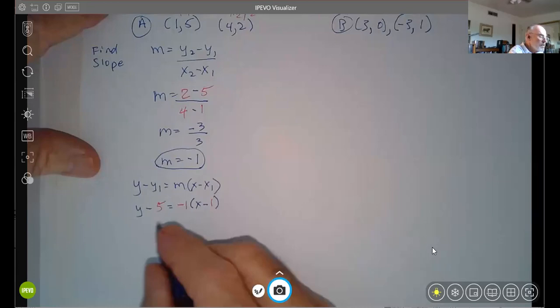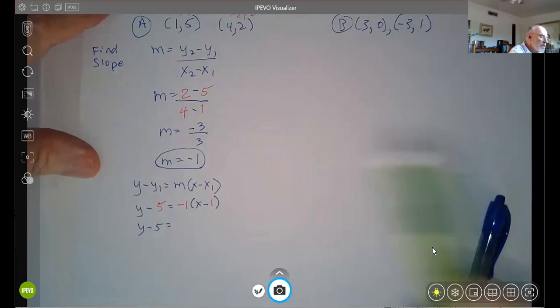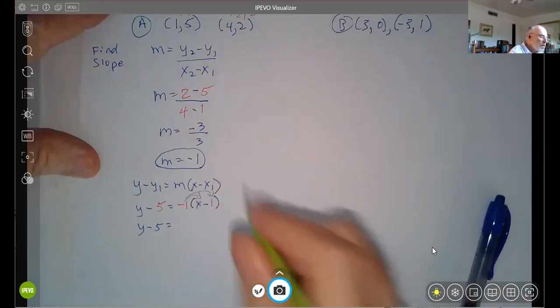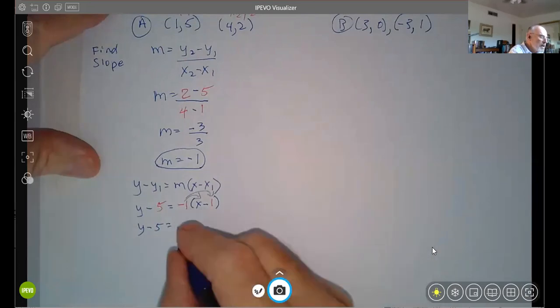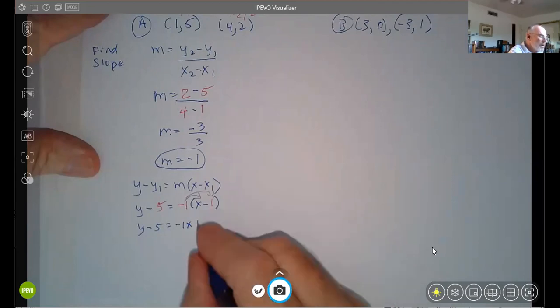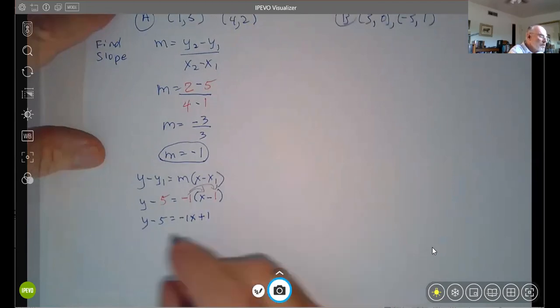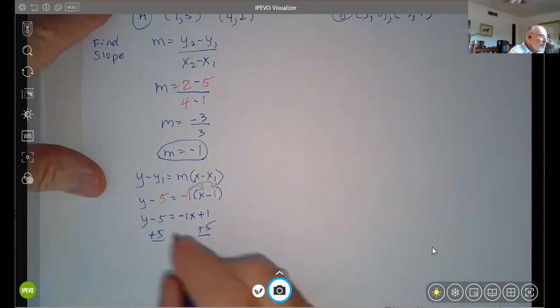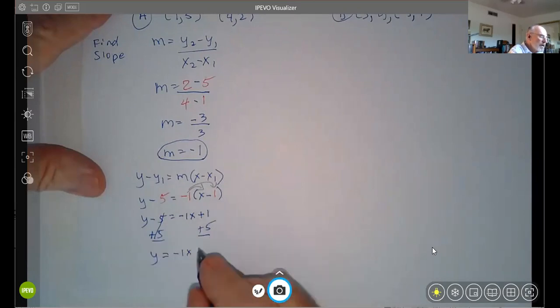It looks like we have to do that first. So y minus 5 equals, distribute -1 to the x and to the -1. So -1 times x is -1x. And -1 times -1 is +1. Now we're just going to add 5 to both sides to get to our slope-intercept form. -5 and 5 cancel and we get y equals -1x plus 6.